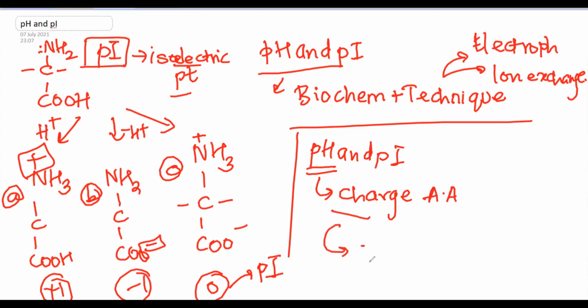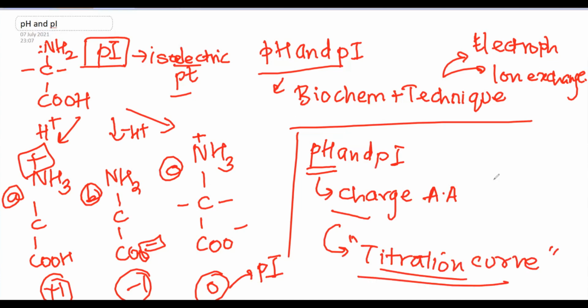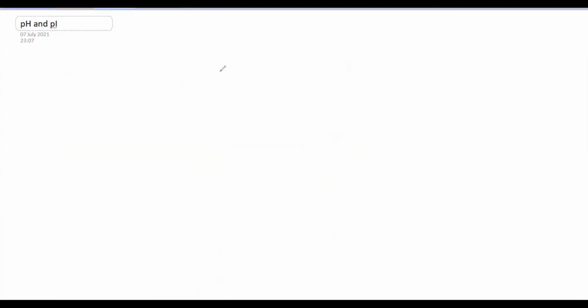But how will it decide that? By the titration curve. The titration curve is the concept wherein you can understand the relationship between pH and PI. So let us start understanding what it is. First we need to see the titration curve.